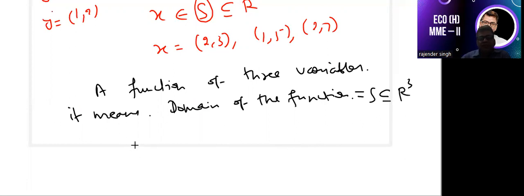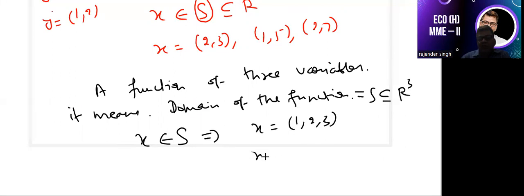It means if I say X belongs to set S, this implies all the X are of the form three tuples. That is, X may be 1, 2, 3. X may be 1, 0, -2, right? So all these should be of the form of three tuples, right, student?